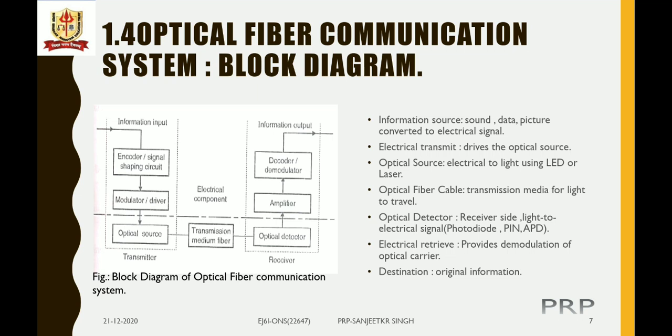Now what will this optical source be? It will be the LED or the laser. There are different types of LEDs and lasers, and hence their intensity or wavelength radiated is different. So this optical source is converting the electrical signal into light using the LED or the laser.